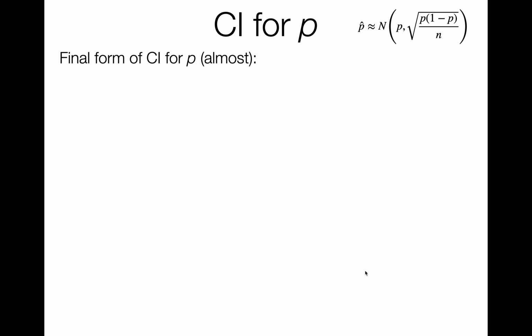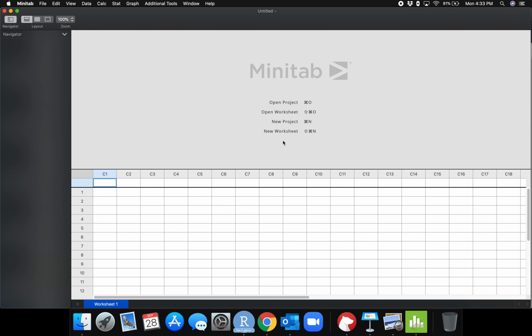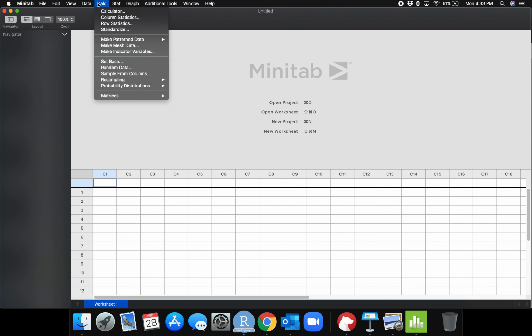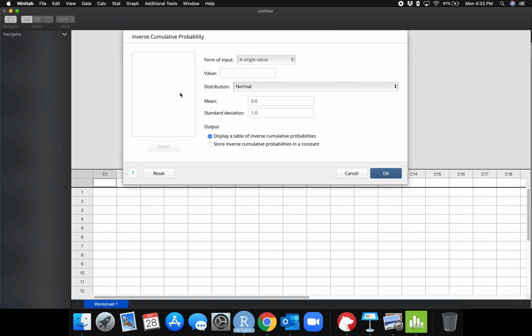So we're going to use our probability distribution calculator stuff, okay? And we want inverse cumulative probability. Inverse cumulative probability gives us the point such that alpha percent of the distribution lies to the left of that point.